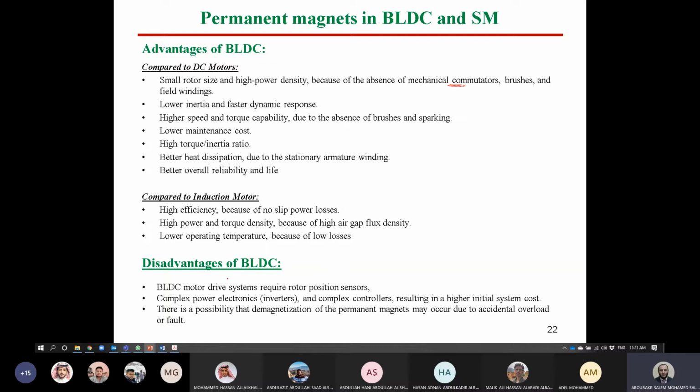The disadvantages or drawbacks of PMDC: PMDC motor drive systems require a rotor position sensor. And even this, now we have many techniques used to control the machine called sensorless control techniques. Sensorless control means we don't need any position sensor.